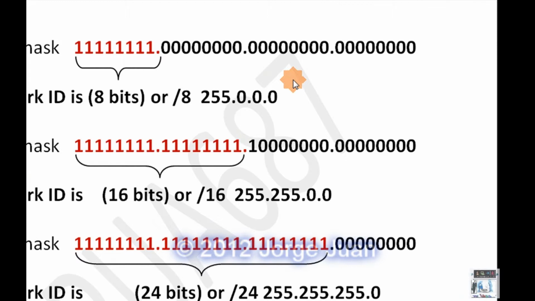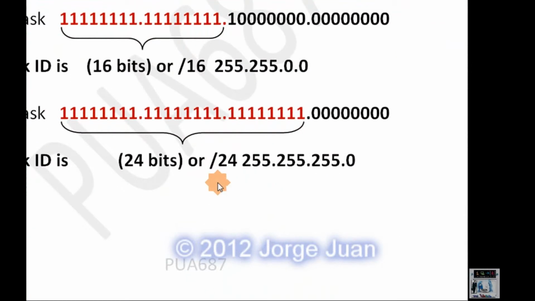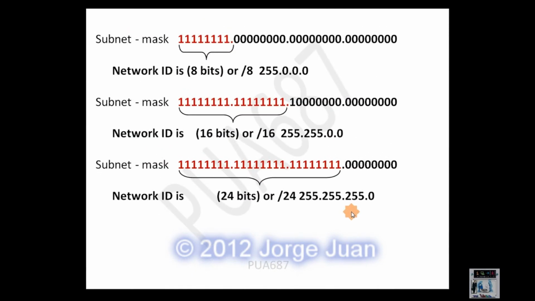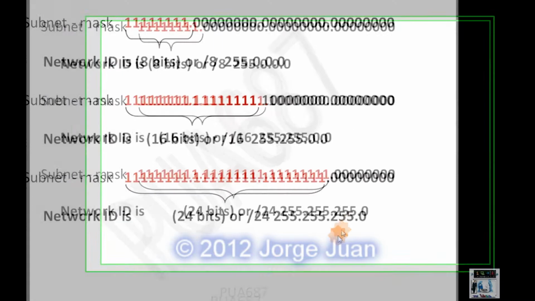I think I should mention this because it's important. Occasionally you may hear that a /8 address is called a class A address, and a /16 is a class B address, and a /24 is a class C address. However, this was used in an older system of IP routing, and it's pretty much obsolete nowadays.